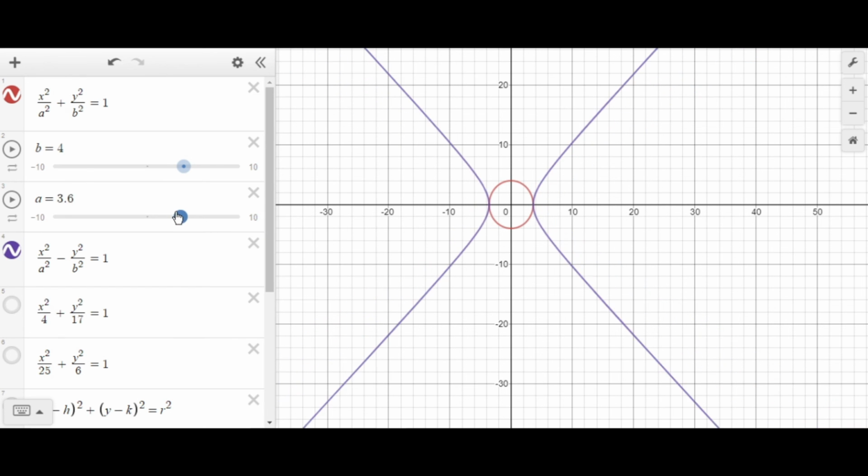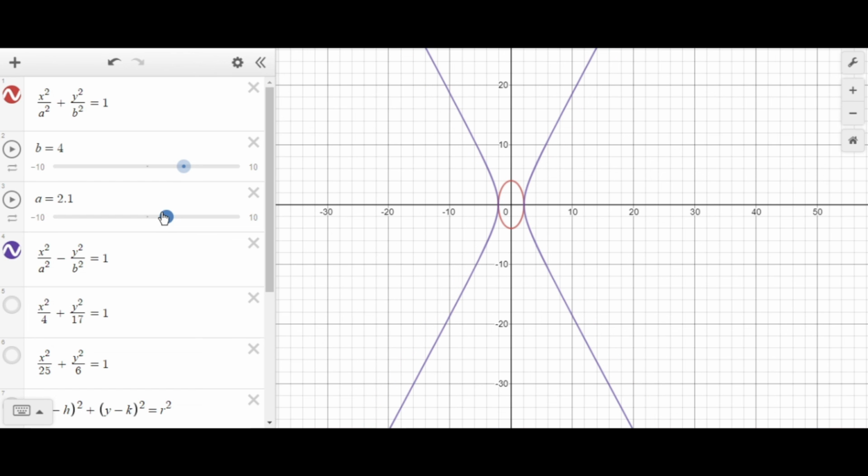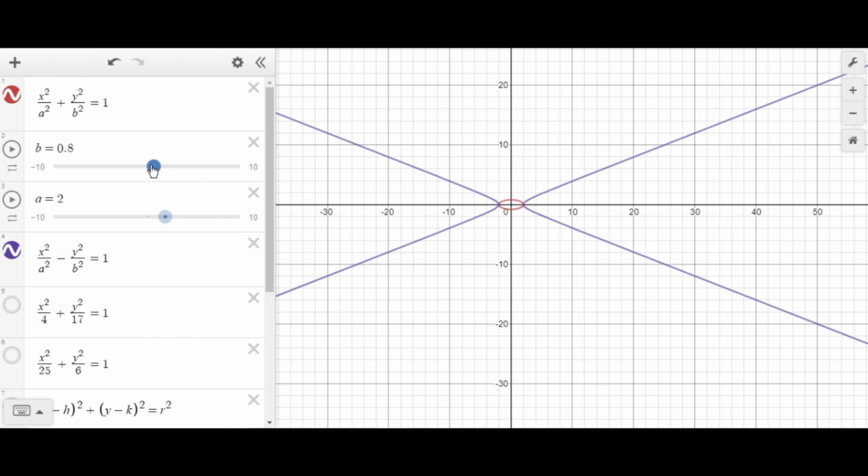When a is less than b, the semi-major axis is along the y-axis, but there is no effect on the transverse axis. And when b is less than a, meaning a is greater, the semi-major axis is along the x-axis, but the transverse axis is still on the x-axis only.